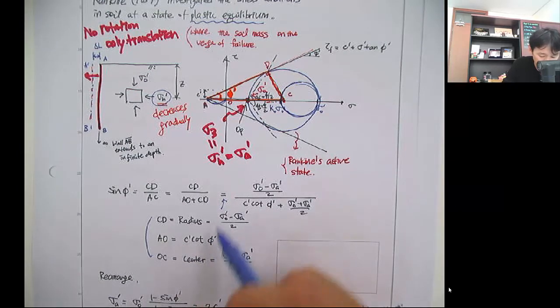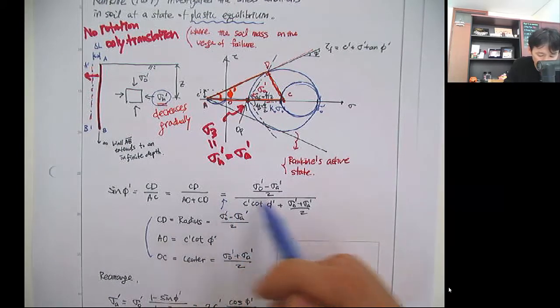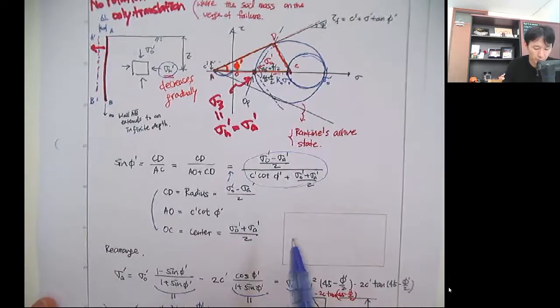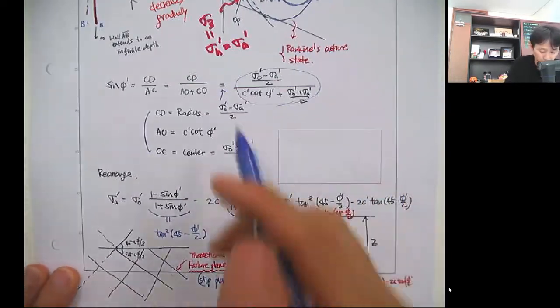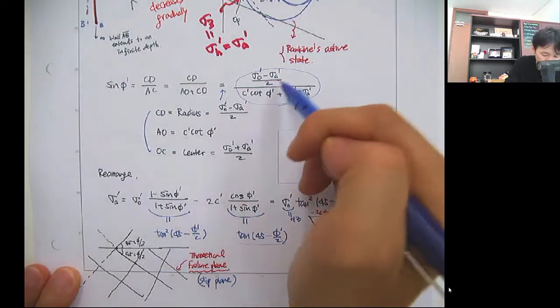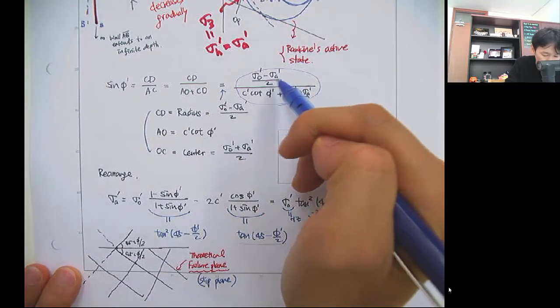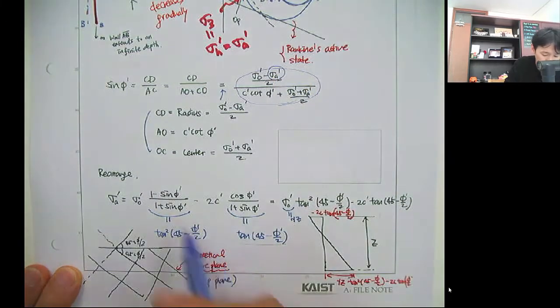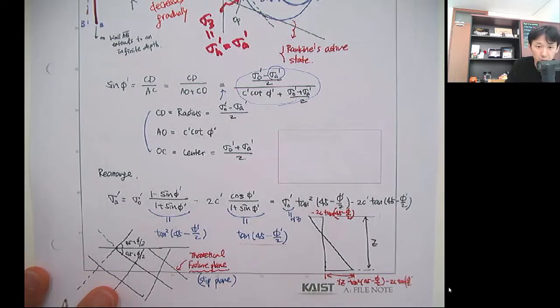So if you plug it into this equation, and rearrange it, you can express sigma A prime as a function of sigma naught prime, phi prime, and c prime.